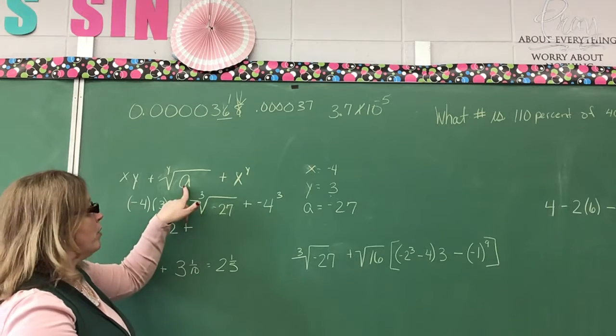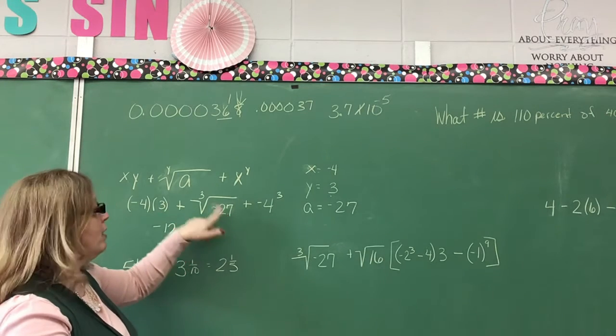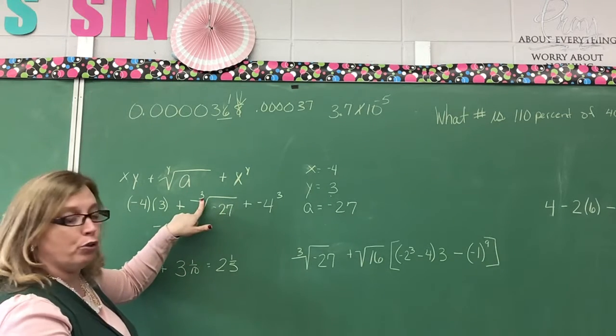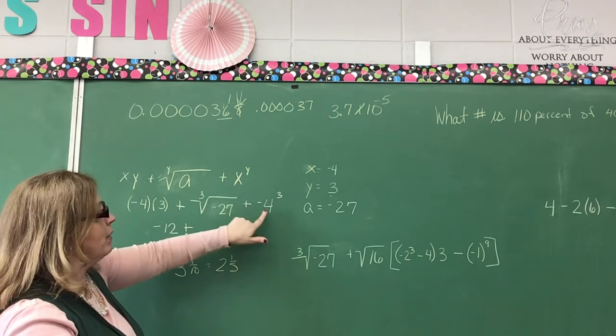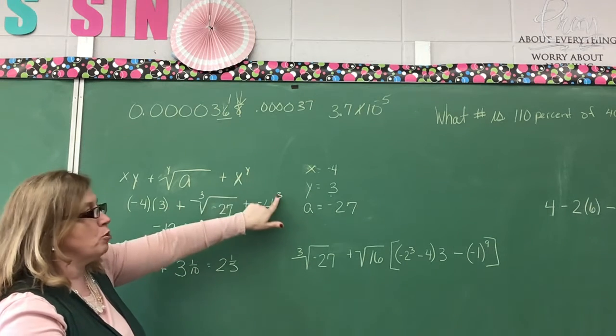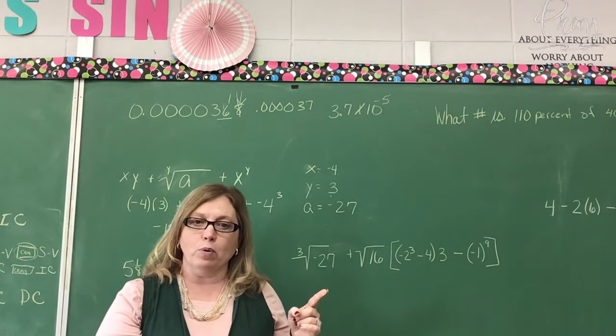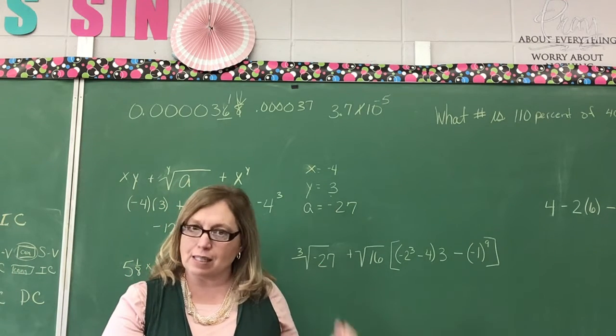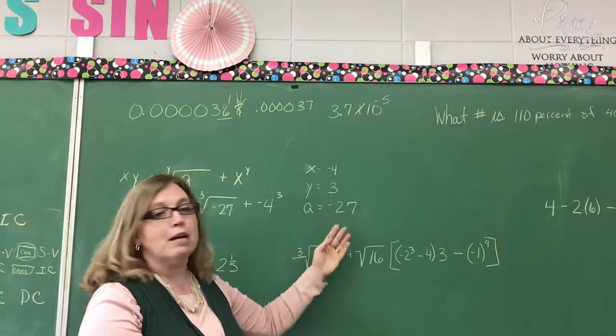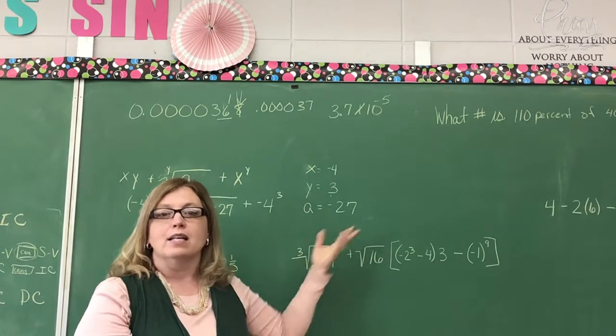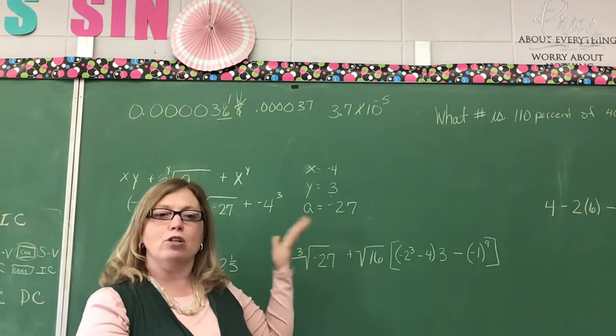You have the square root, a became a negative 27, the root became a 3. Then x became negative 4 to the exponent of 3. All you're doing to solve this is write the problem down and then substitute it. Take these numbers, whatever they are on your test, substitute them in, now solve the problem.